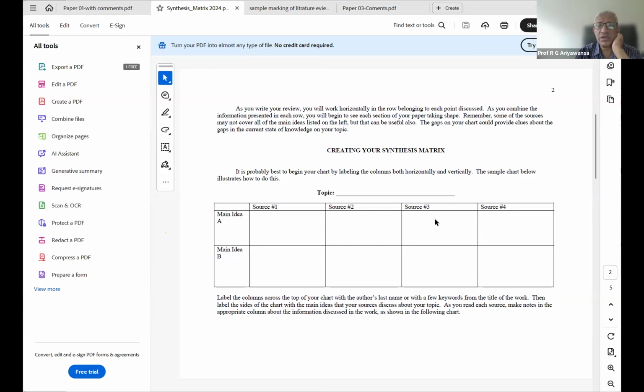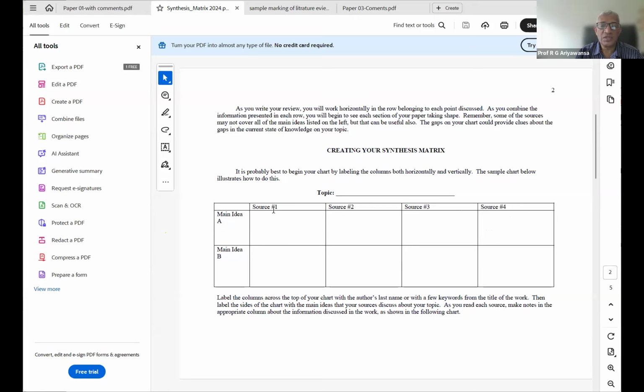Suppose you read four articles or textbooks, source 1, source 2, source 3, source 4. You want to know some idea, for example about land value, and how others have explained, understood, and defined it. So, keeping this idea, you read this one, this one, this one.